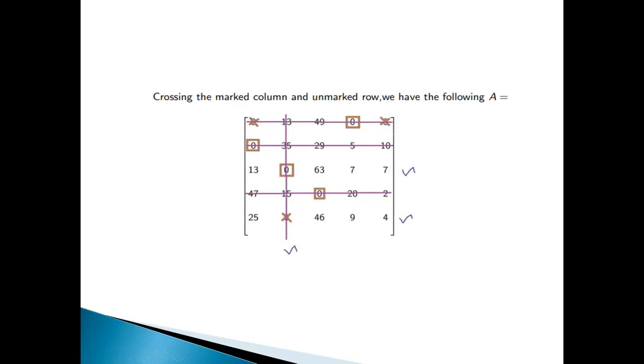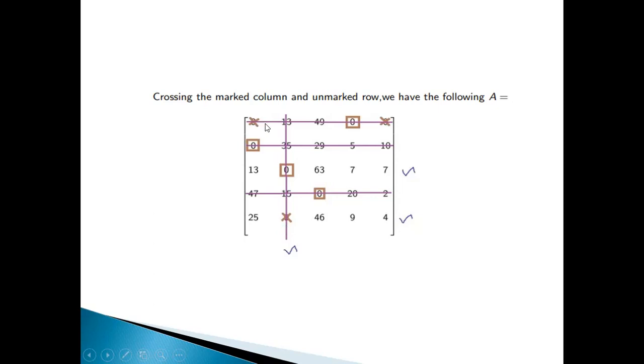Sorry, second column. Second column, third row. Then fourth row, third column. There is a 0 entry. And fifth row, second column. Okay. So the 0 entries are highlighted now.